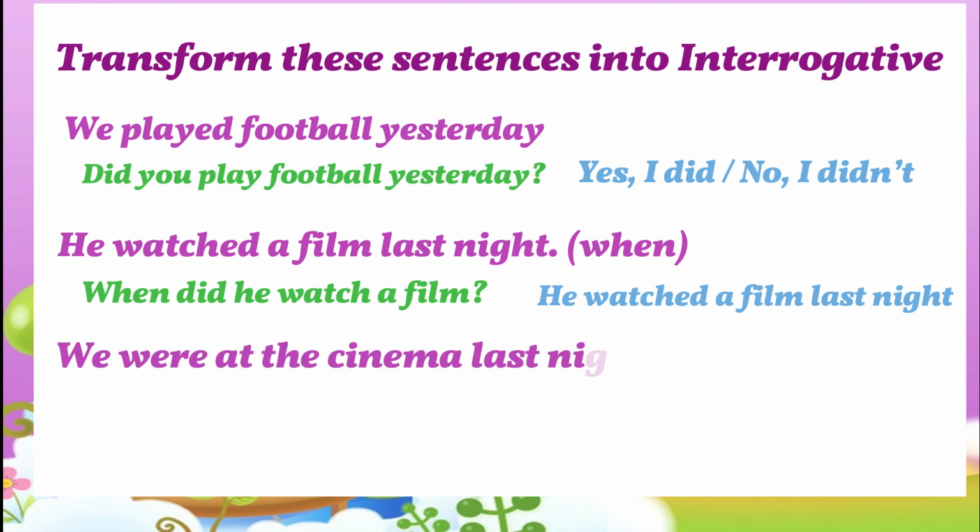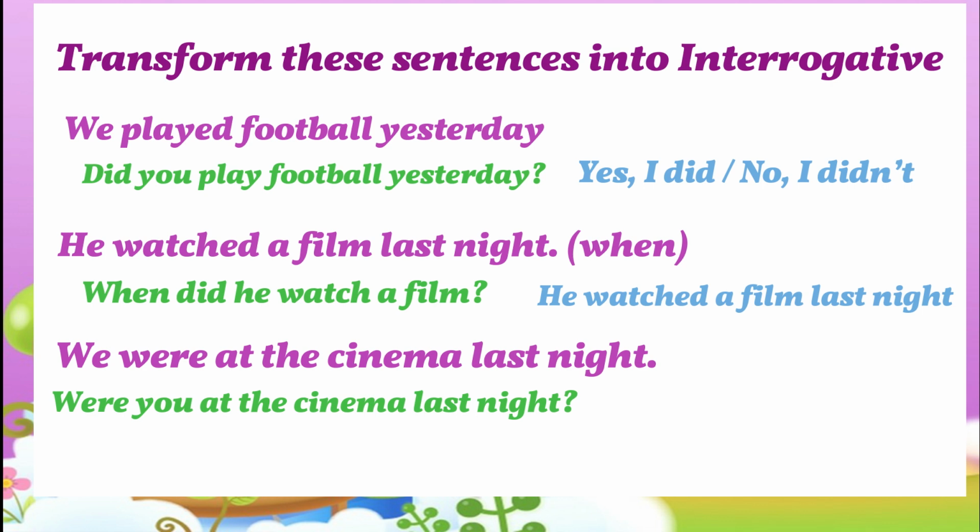Look at this one. We were at the cinema last night. What can it be? Yes, that's right. Your question is, were you at the cinema last night? And that's a yes-no question, for which the answer can either be yes, I was, or no, I wasn't. Now look, if we want to ask about the place where I was yesterday, so it's where.